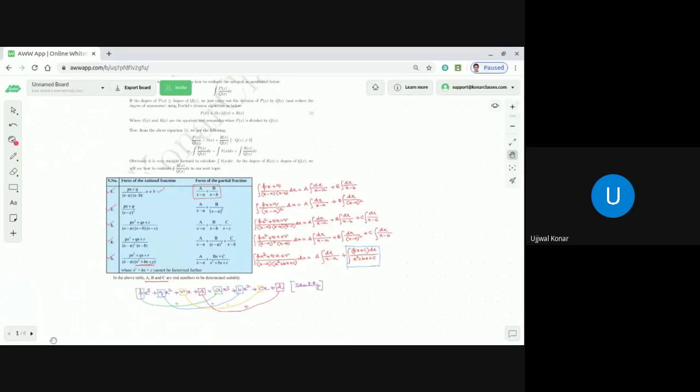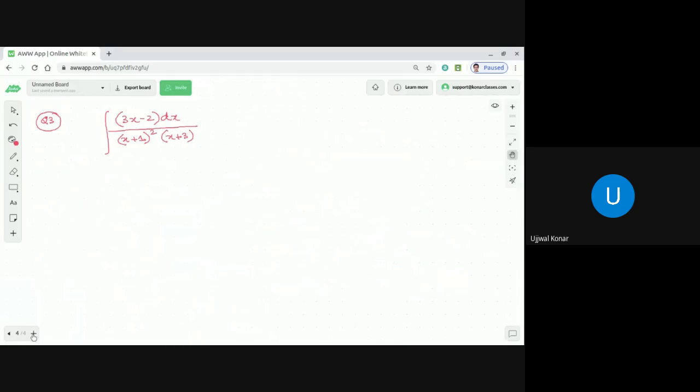It is (3x minus 2) dx divided by (x plus 1) whole square into (x plus 3). First, when you feel comfortable, write it down. Then I'll ask you which case of the table is coming. If you say yes, then only I'll move to the table. Yes, sir.